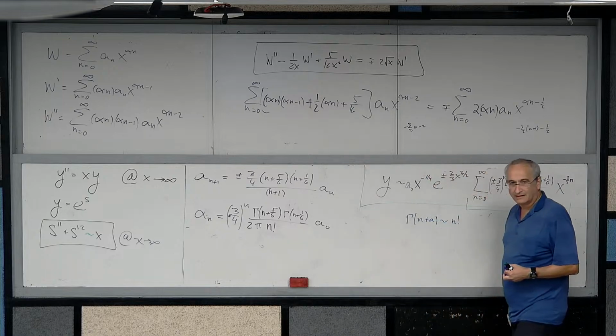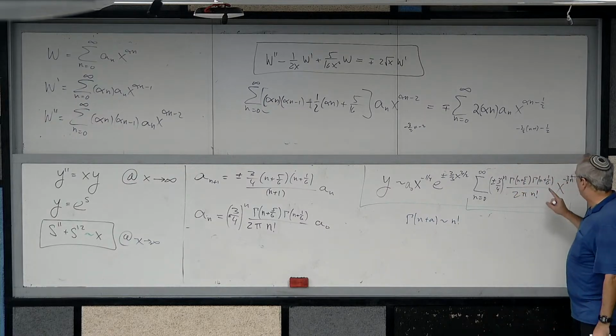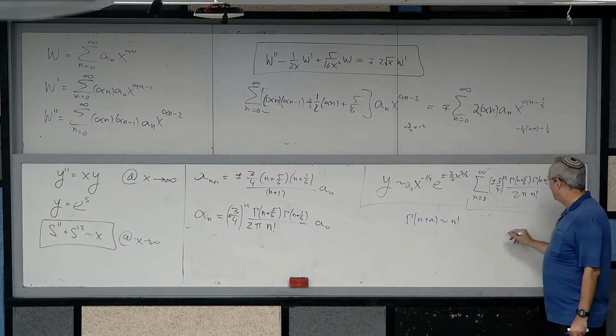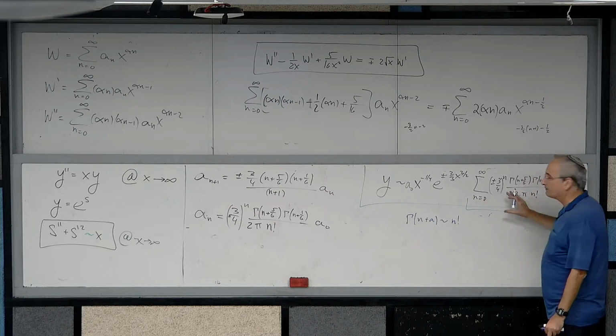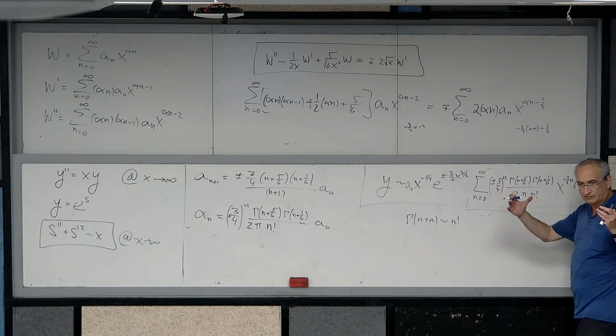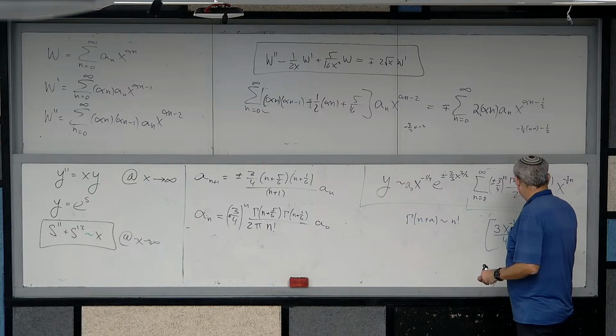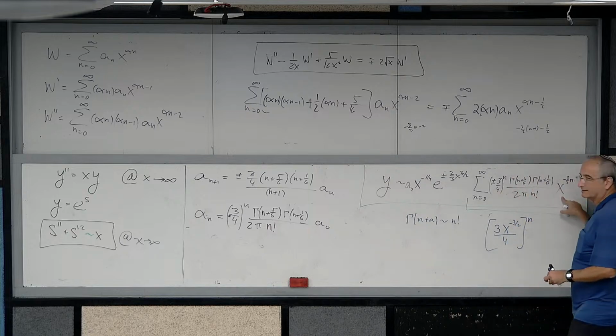So what do I have? Now forget about signs, I only look at orders of magnitude. We have 3 x to the minus 3/2 over 4 to the power of n, this and that.